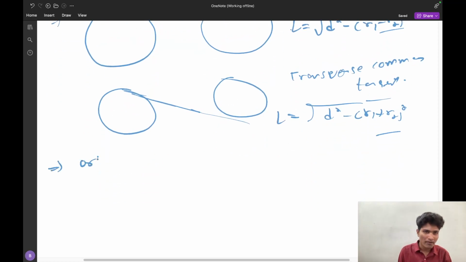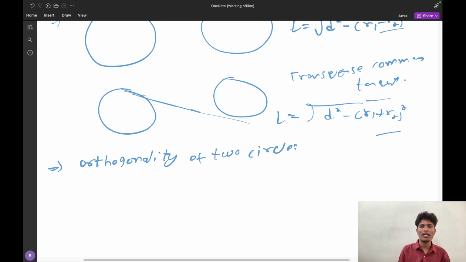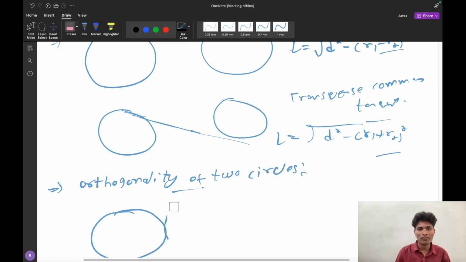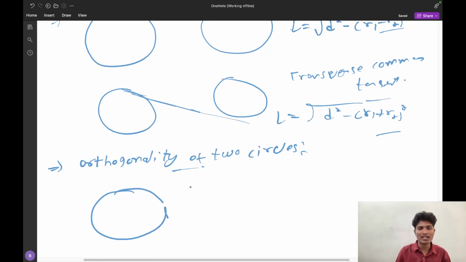Now orthogonality of 2 circles. What is the orthogonality of 2 circles? You have to understand. That is when we can say the circles are intersecting. This is the intersecting case because it is orthogonality. It is when we can say the 2 circles are intersecting at right angles, that is 90 degrees.